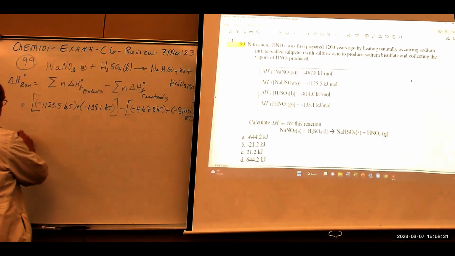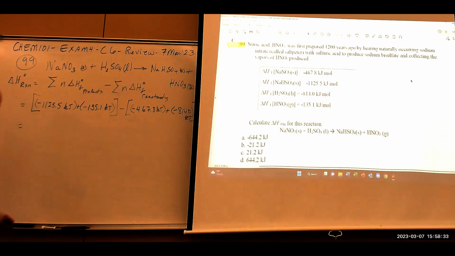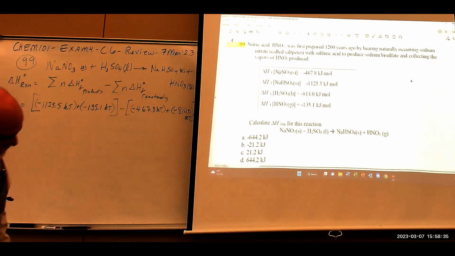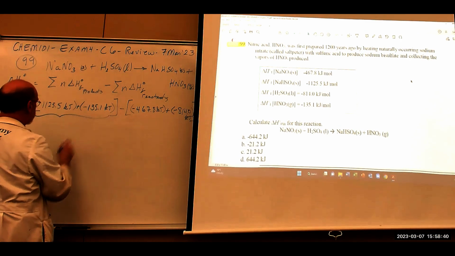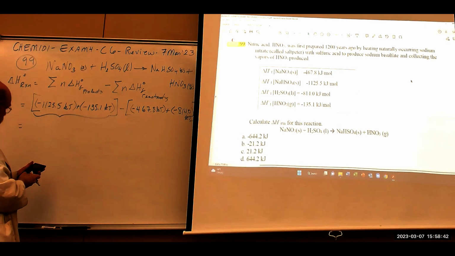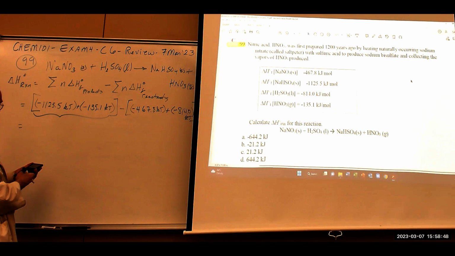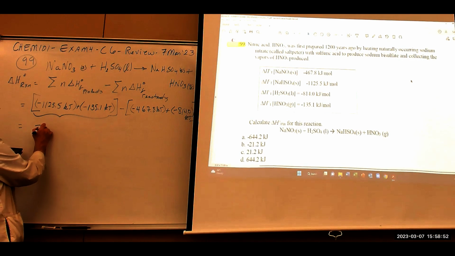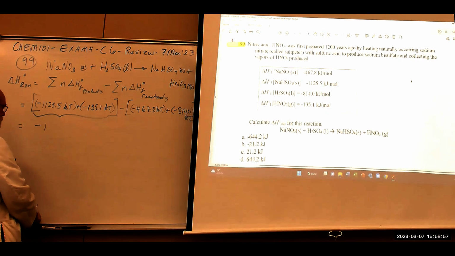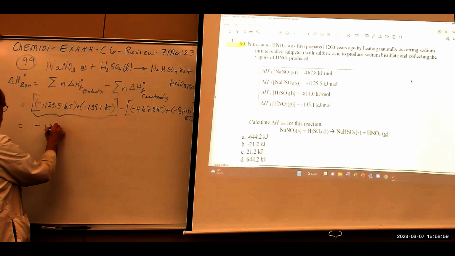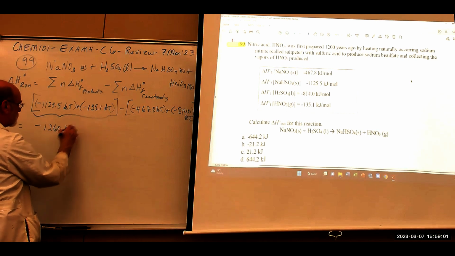Okay, so that's the hard part. The rest is doing the calculations. That one's going to be 1125.5 and 135.1. Change the sign. This is minus 1260 kilojoules.